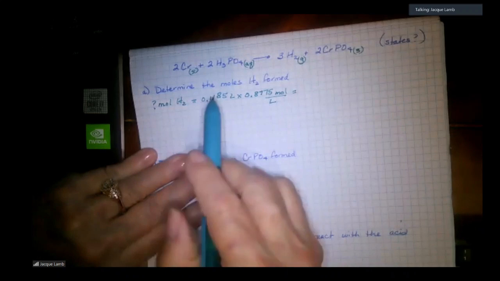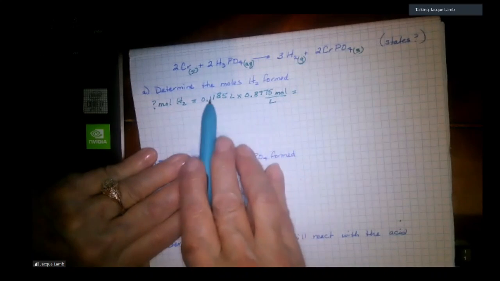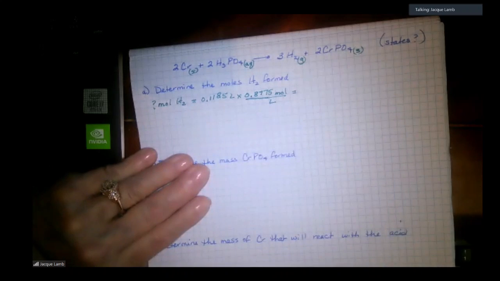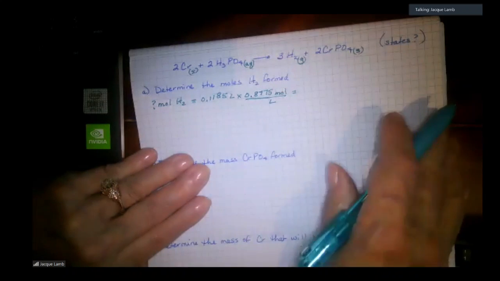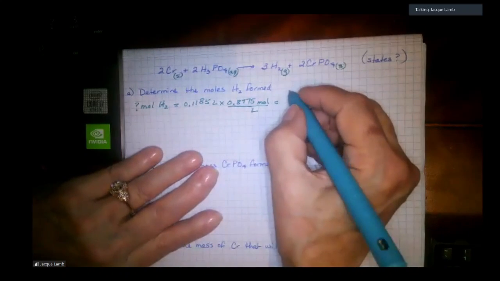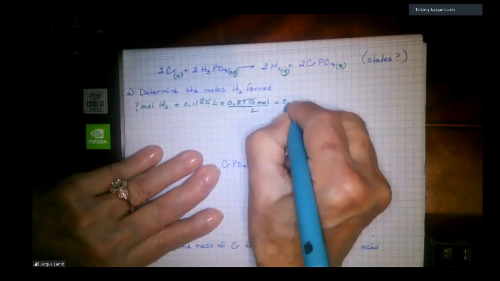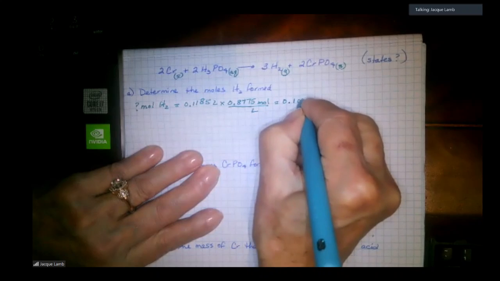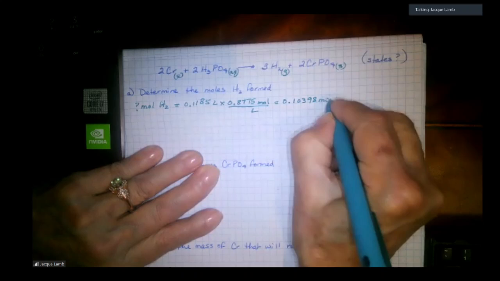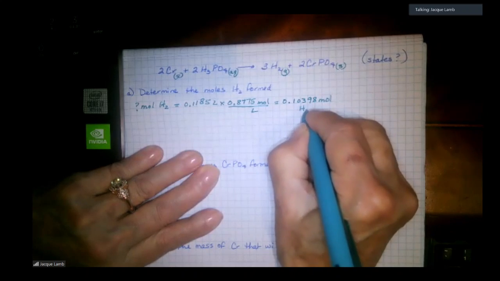Note that I was given both of these numbers in 4 digits, so my answer is going to have 4 significant digits. To that end, I am going to carry an extra digit and then round at the end. When I do this math, I end up with 0.10398 moles of phosphoric acid.